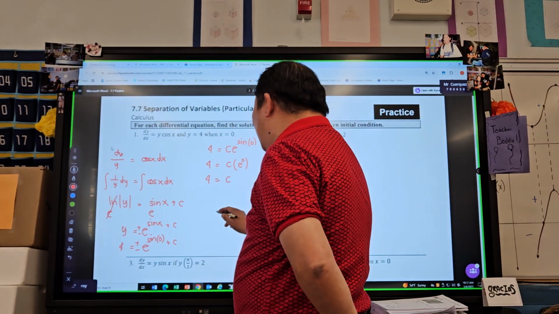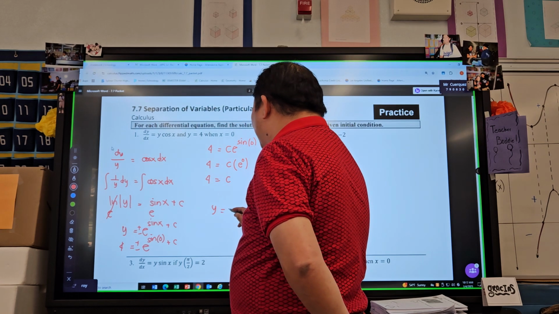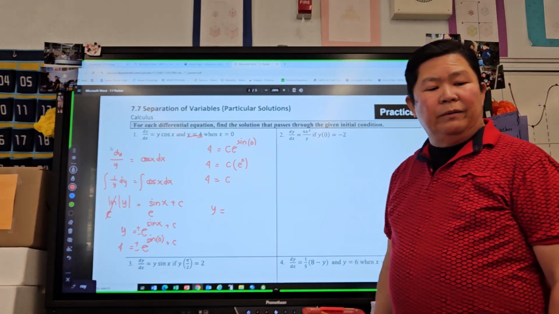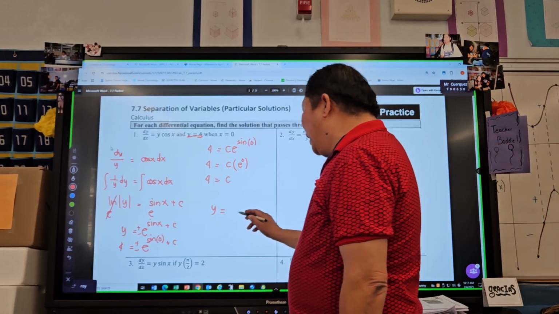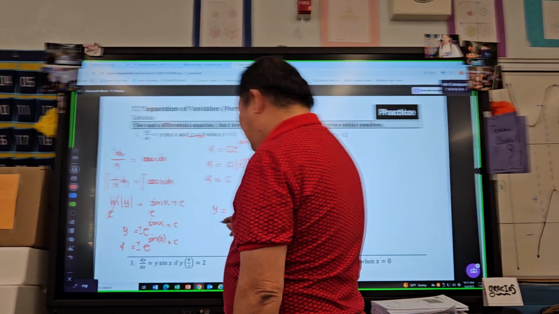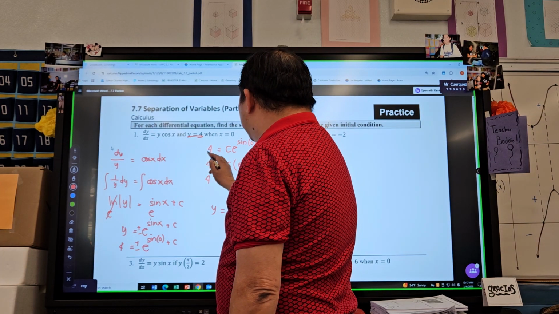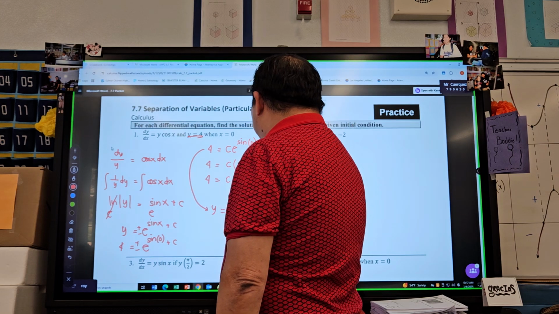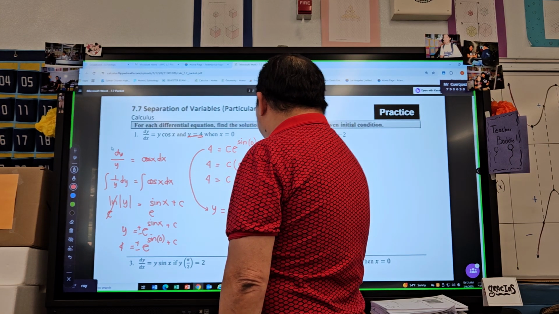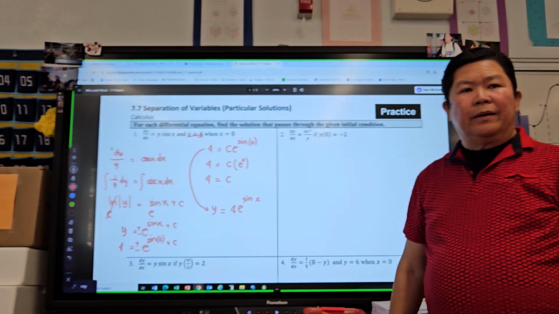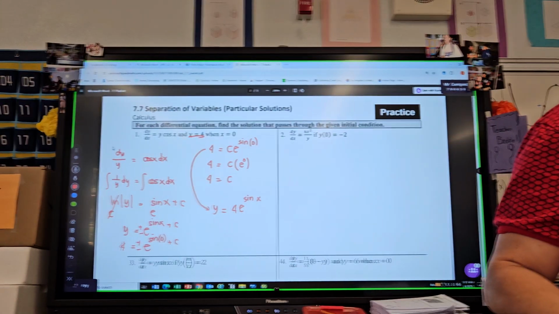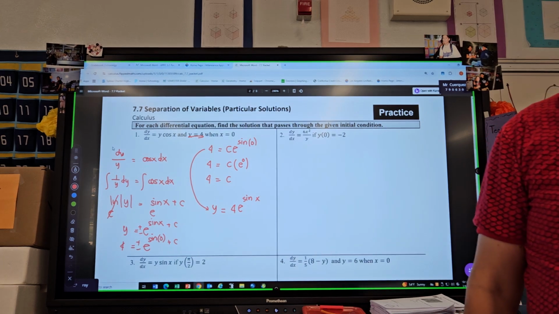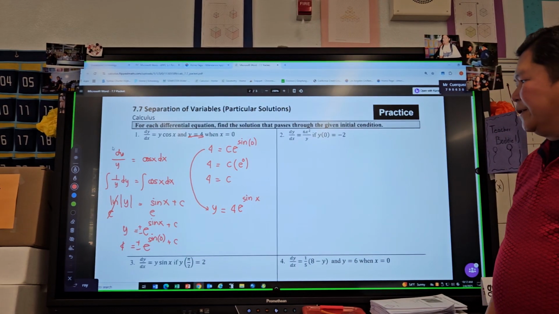Okay, so we say now y is equal to, we take the positive value since y is positive, 4. So that means, right here, we have 4 e to the power of sine x. Okay? So y is equal to 4 times e to the power of sine x as our final answer.